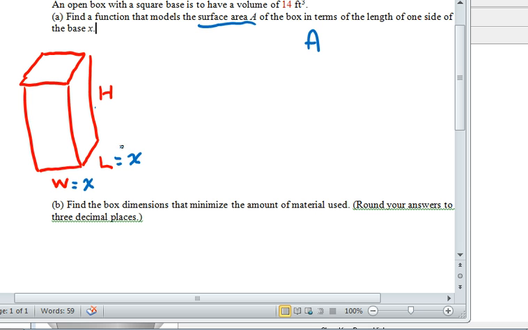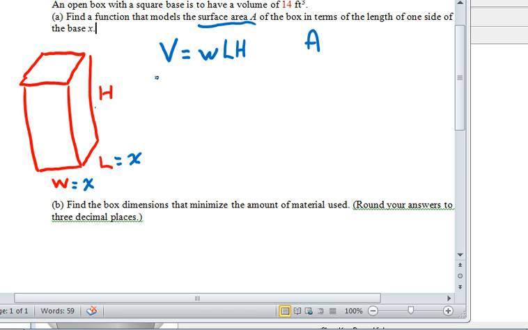We've also been told that the volume is equal to 14 feet cubed, but in general for a rectangular box, the volume would be width times length times height.